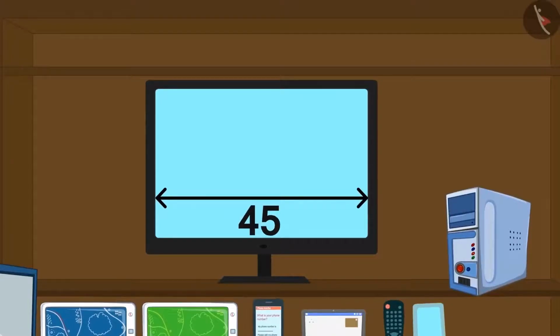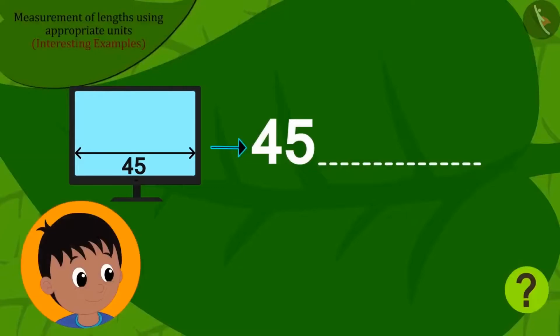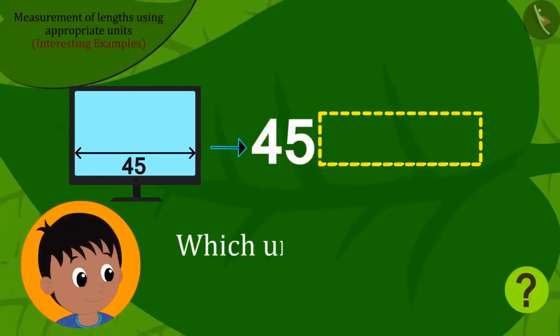On the monitor, the screen size was written in this way, but only the number 45 was written below that. Raju came to know that the length of the screen of the monitor was 45. But Raju did not understand which unit was used for it.